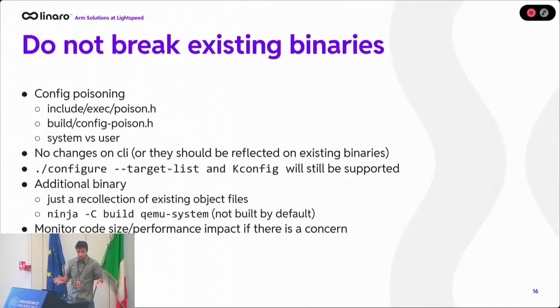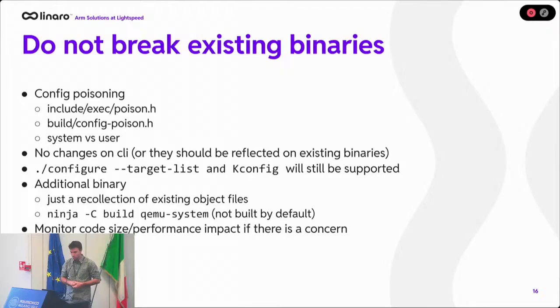Another very important thing is to not break existing binaries. As I said, we don't want to disturb any of your workflow or break anything. So the first part is that we must make sure that we don't compile once a file that contains target-specific code, so we would eliminate some configuration in a hidden way. For that, we rely on config poisoning.